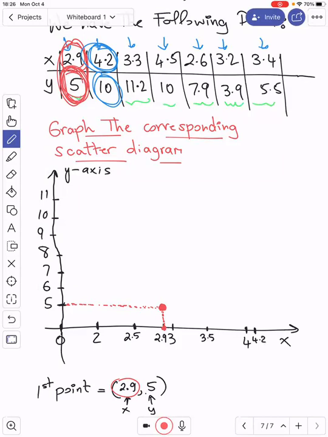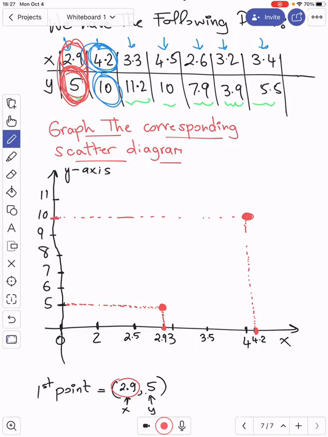The corresponding height is 10, so I go with a vertical line starting from 4.2, and we stop at the height where y is equal to 10. So right here. That will be my second point: x is 4.2 and the corresponding y is 10.